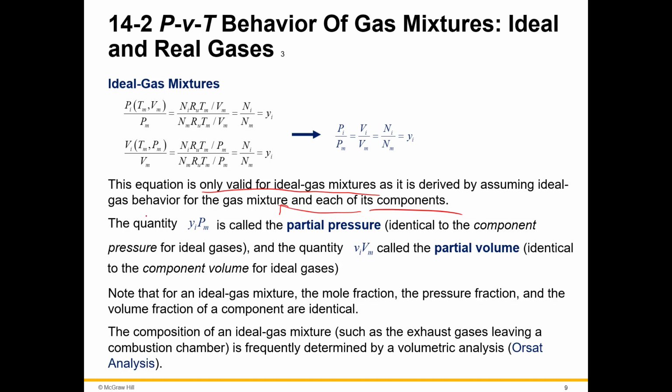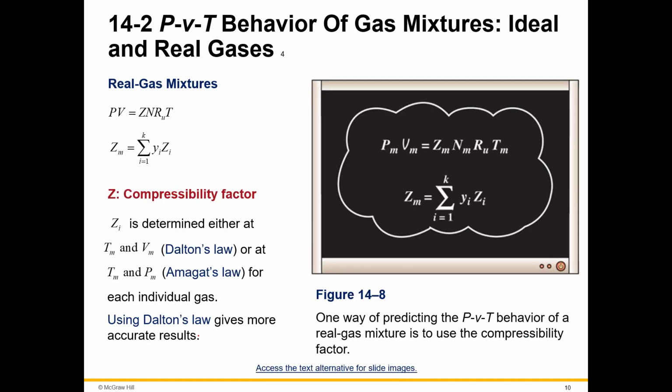So just a note here, for the ideal gas mixture, the mole fraction, the pressure fraction, and the volume fraction of a component are identical. Okay? The composition of an ideal gas mixture, such as the exhaust leaving a combustion chamber, is frequently determined by the volumetric analysis, or the Orsat analysis.